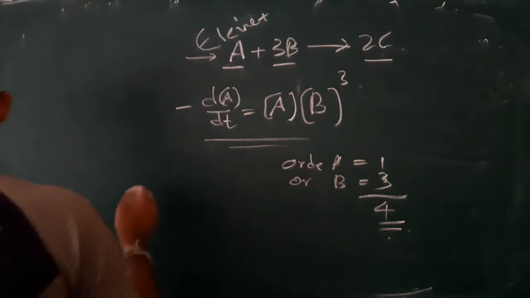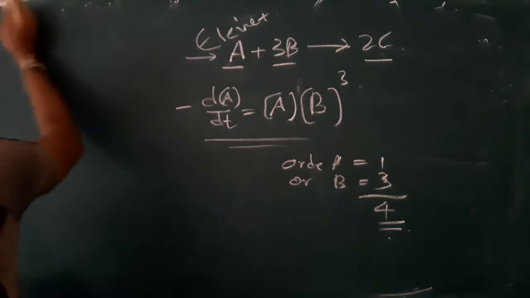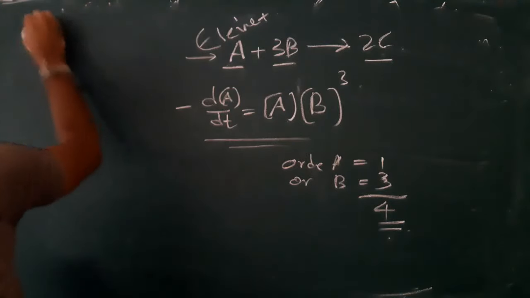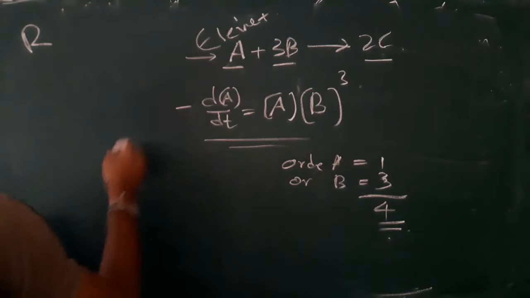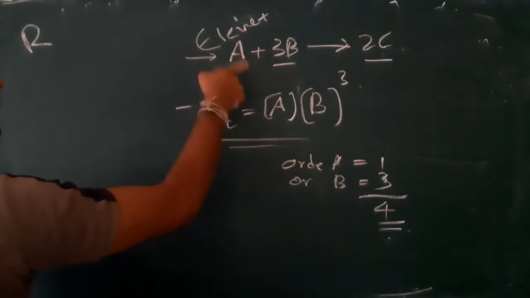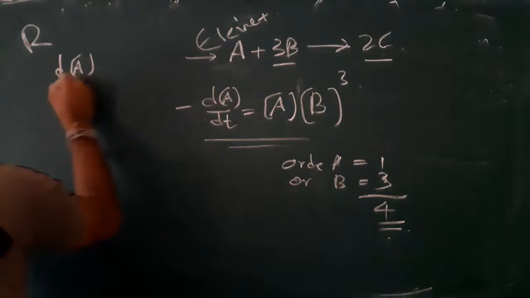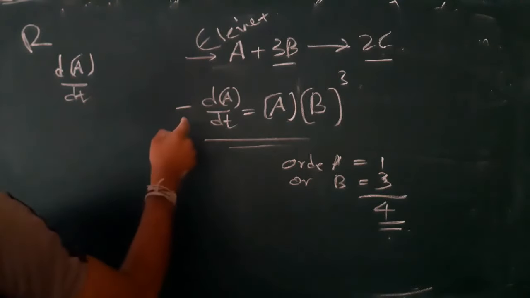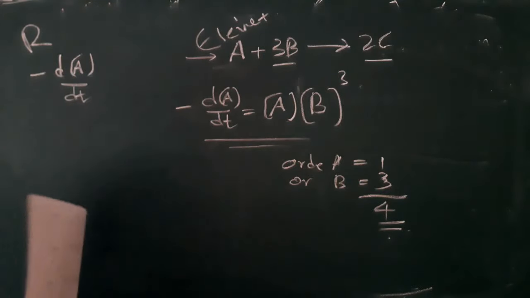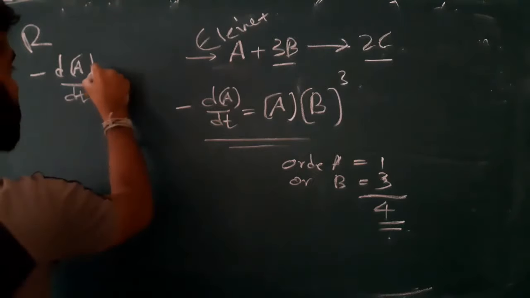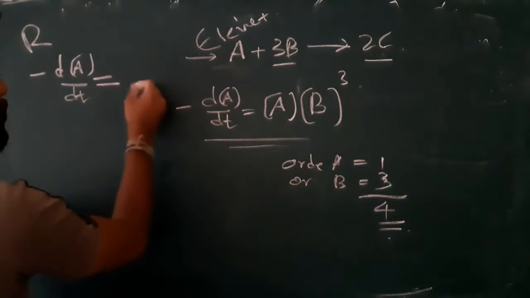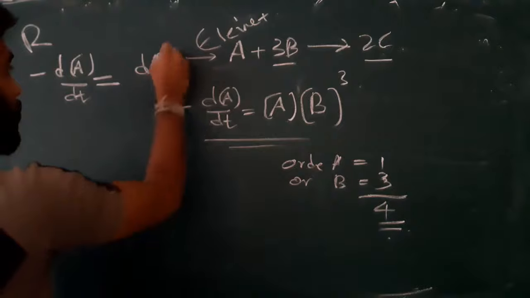So they ask for the rate, in other words they ask for the expression for the rate. So here A will be decreasing, dA over dt, it is decreasing, so negative sign, and the relationship, no, it is not equal to dB over dt.